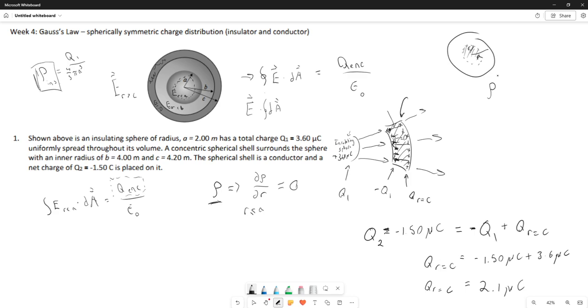to the charge enclosed at a certain point, a certain radius, right? Like here, we have an expression for rho of the insulating sphere.